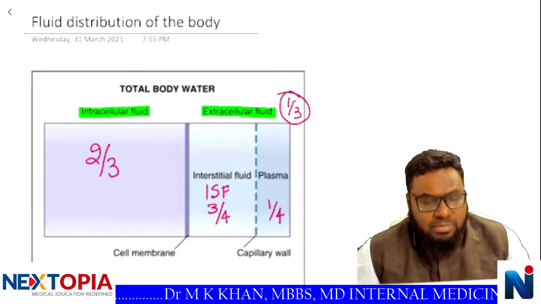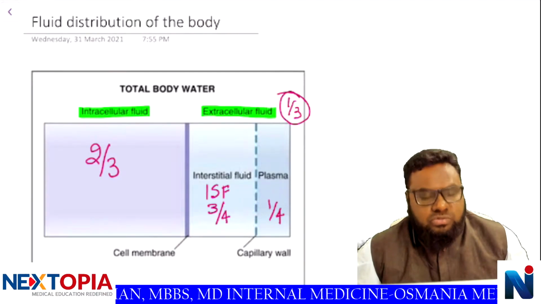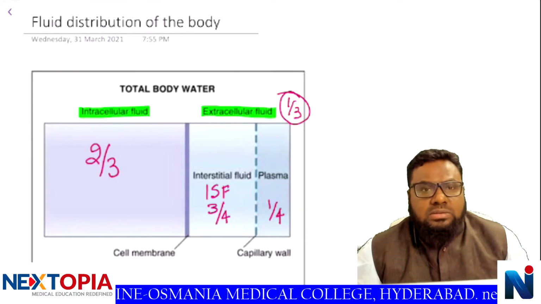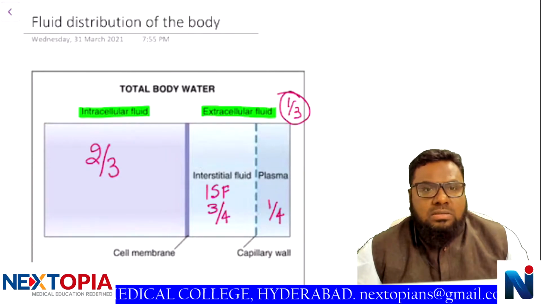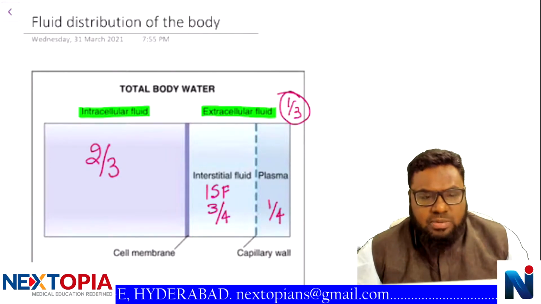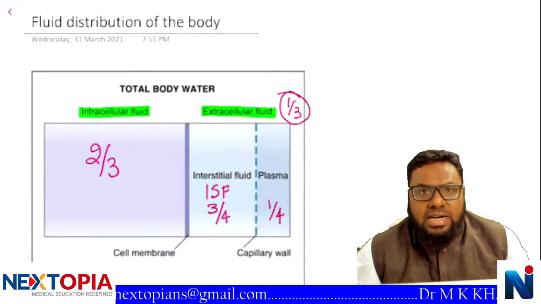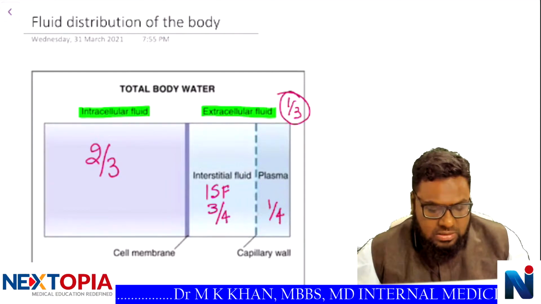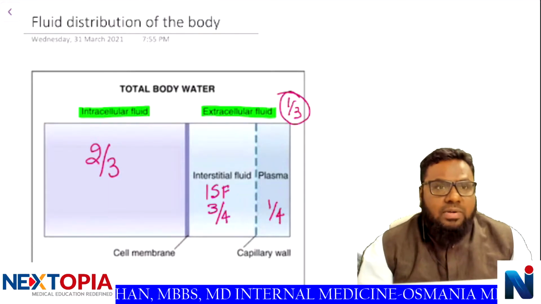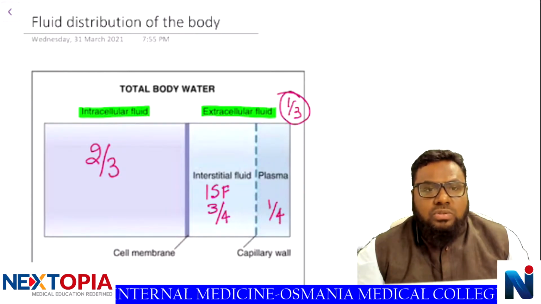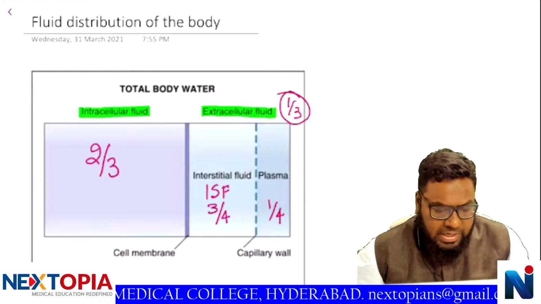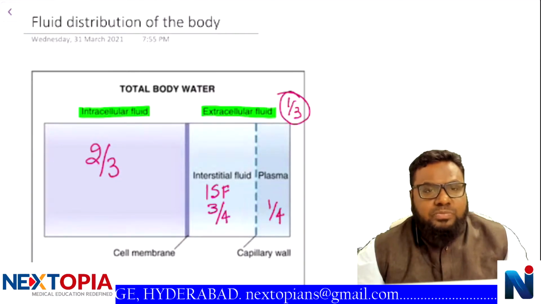The vascular compartment is composed of blood, which contains plasma and the different types of blood cells, that is red blood cells, white blood cells, platelets, and various other cells. So our vascular compartment is composed of both plasma and cells. But here fluid is contributed by the plasma.